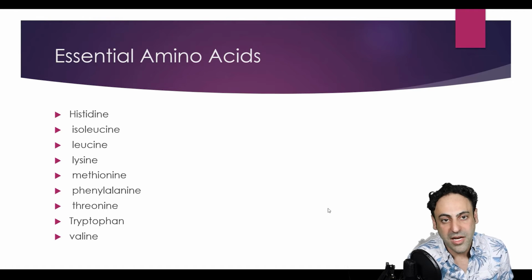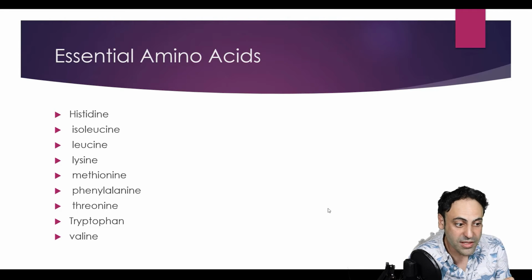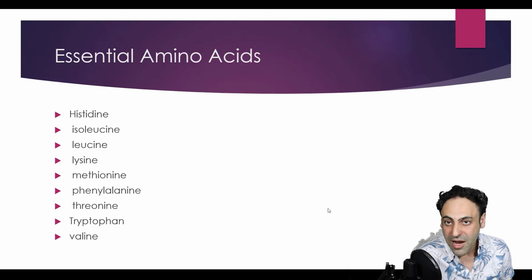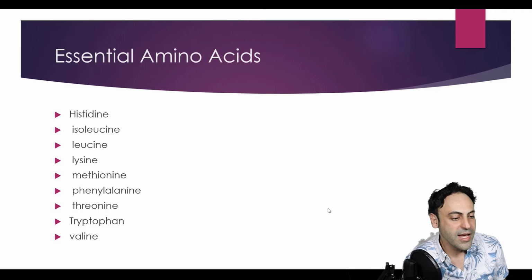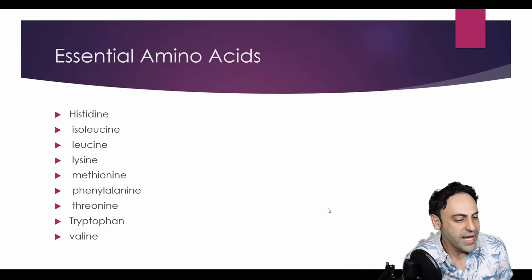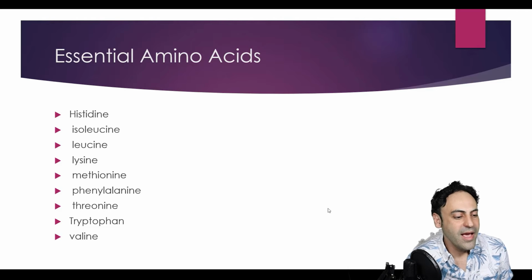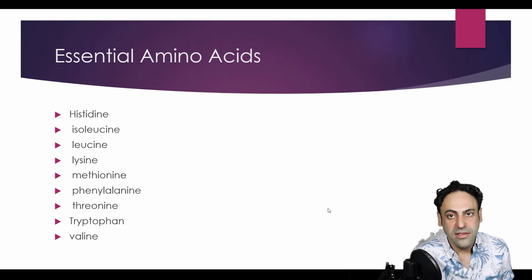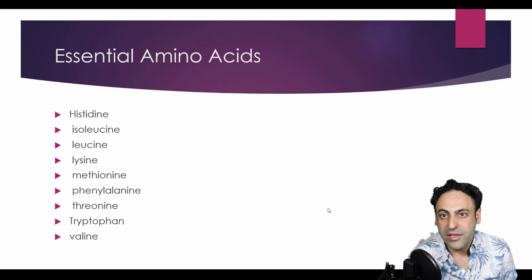These nine amino acids are histidine, which we're going to talk about later on, isoleucine, leucine, lysine, methionine, which is one of the important ones that we're going to talk about after this, phenylalanine, threonine, tryptophan, and valine. Remember valine, leucine, isoleucine, all are essential amino acids.